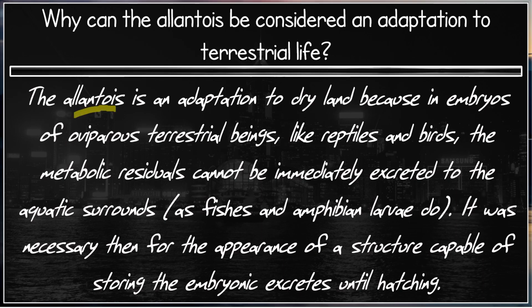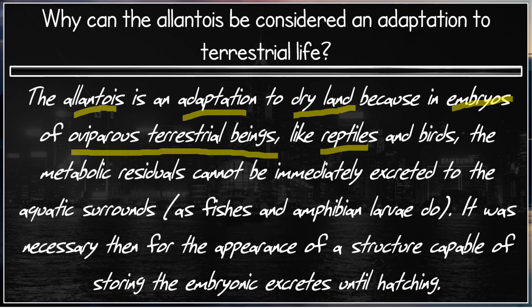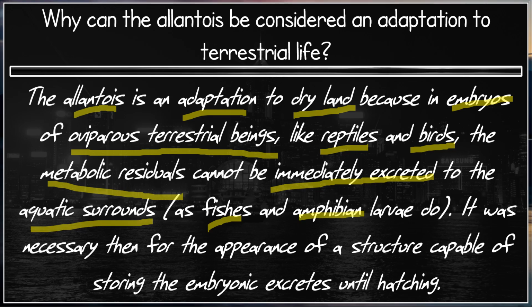The allantois is an adaptation to dry land because in embryos of oviparous terrestrial beings like reptiles and birds, the metabolic residues cannot be immediately excreted to the aquatic surroundings, as in fish and amphibian larvae. It was necessary then for the appearance of a structure capable of storing the embryonic excretes until hatching.